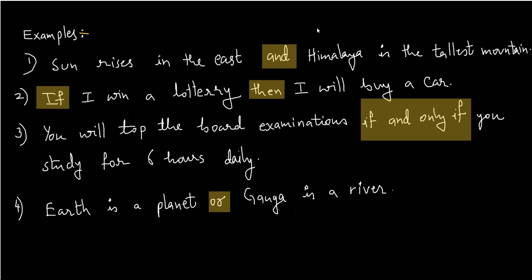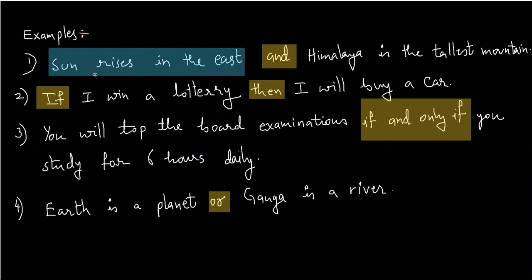So if you see, students, here the first one is: sun rises in the east and Himalaya is the tallest mountain. So you have the logical connective here, and the logical connective is "and". What is this word "and" doing? It is connecting two statements.